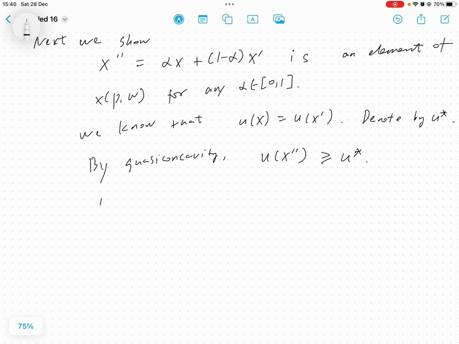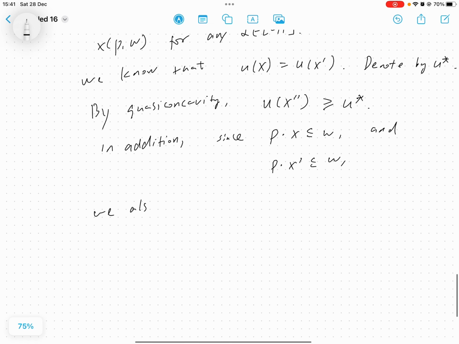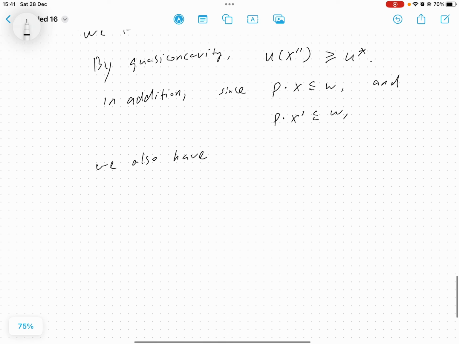And in addition, since P inner product X is less than or equal to W, and the same for X prime, we also have P inner product X double prime, which is P inner product alpha X plus 1 minus alpha X prime, and this has to be less than or equal to W, right?